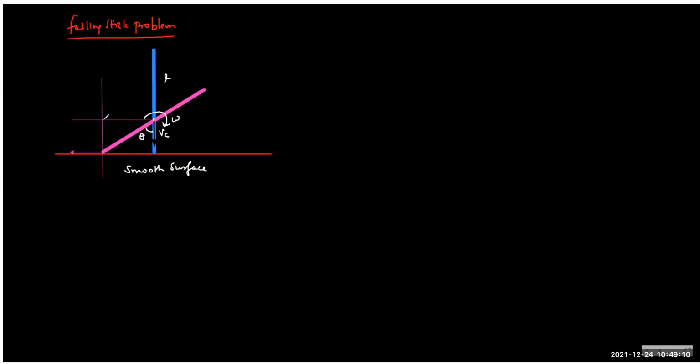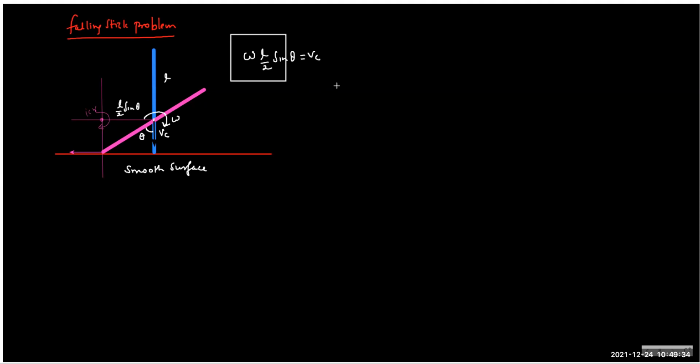And now we got the intersection. This must be the ICR. And the distance is L by 2 sin theta, correct? Yes, sir. This is L by 2 sin theta. And therefore, Vc must be equal to omega into L by 2 sin theta.